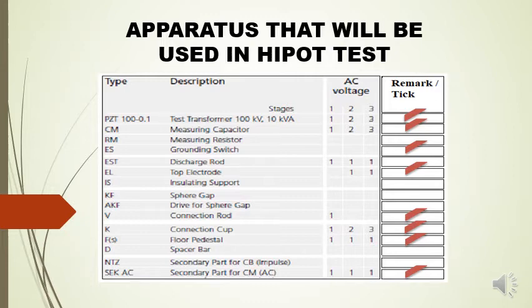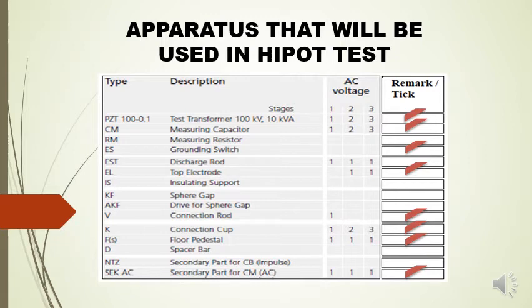Then we must have the grounding switch, also known as the earthing switch, because the earthing switch has the grounding rod that will be touched to our top electrode.